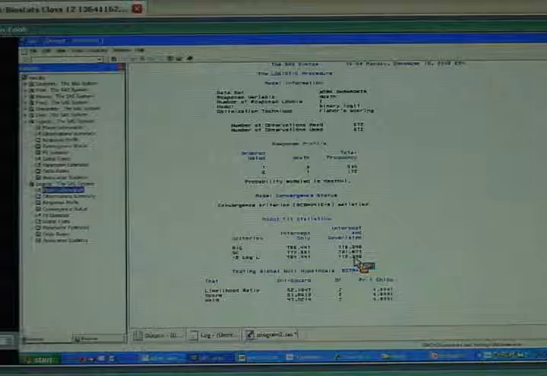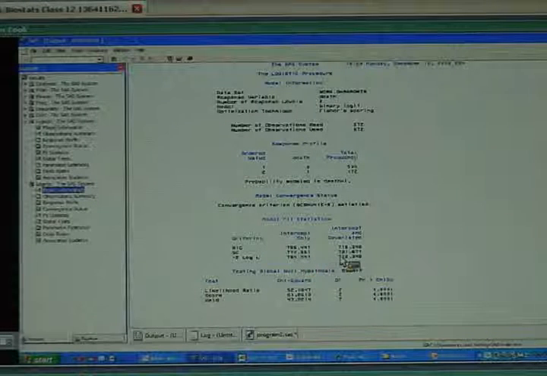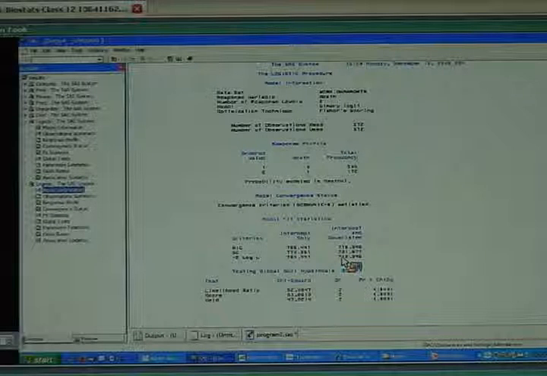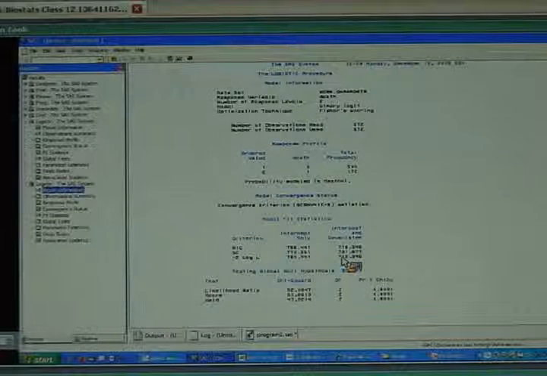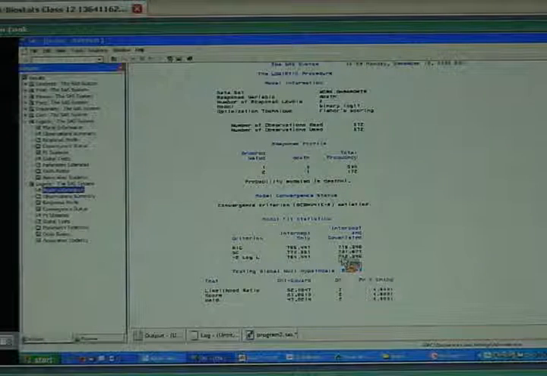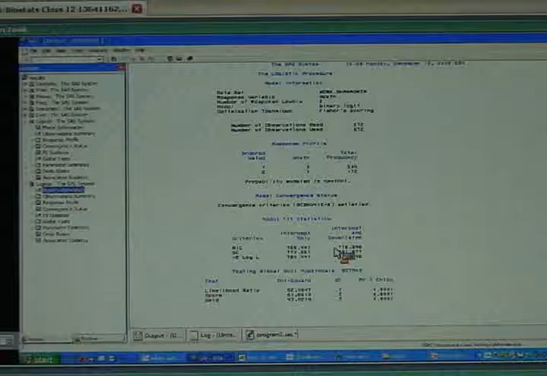A bigger model will always give you a value of -2 log L that's smaller than the value for -2 log L for a previous model that didn't have all those coefficients, as we see here. Notice the -2 log L went from 764 down to 712 when we added more factors. Even if those factors had no real influence on your outcome, even if just by chance they were related to the outcome, you'd still get a drop in the -2 log L.